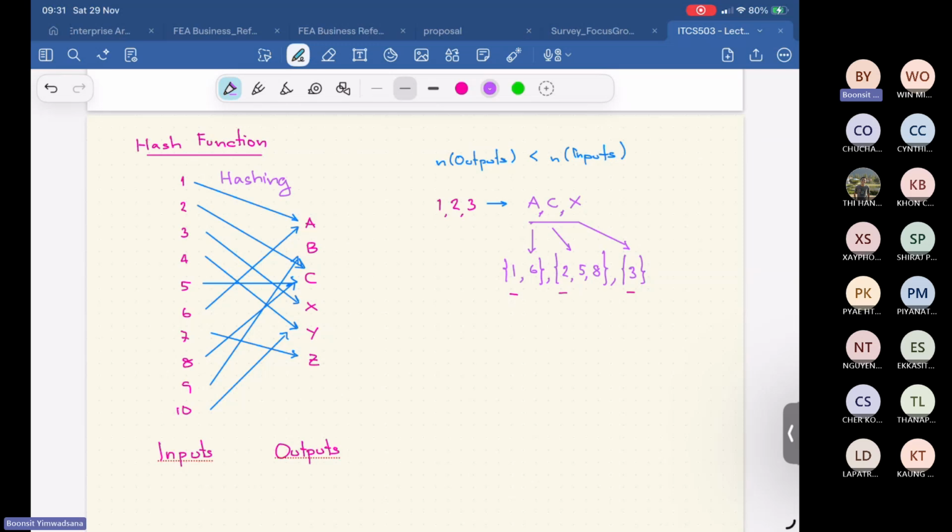So in this case, why is hashing useful? Hashing is useful because we can send number 1, 2, 3. Let's say that this is the first use case. We use it in username and password. So we send 1, 2, 3, and we can say that 1, 2, 3 is our password.